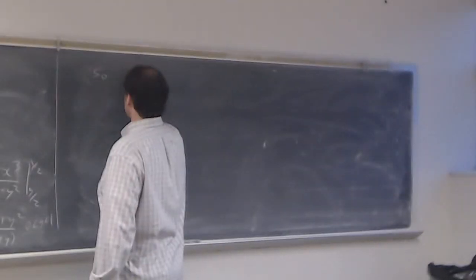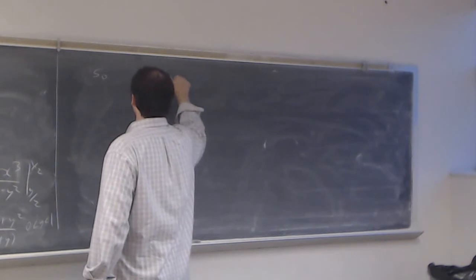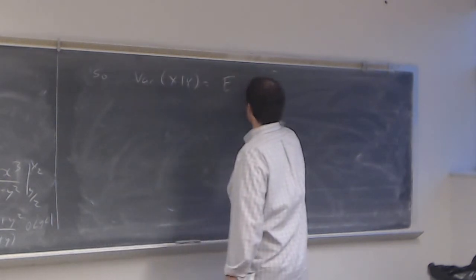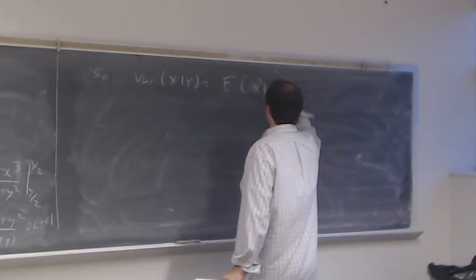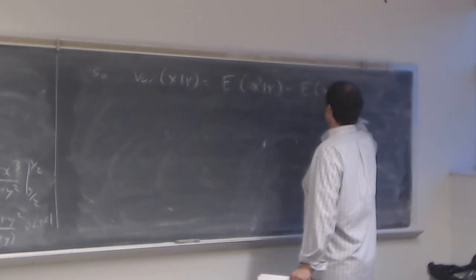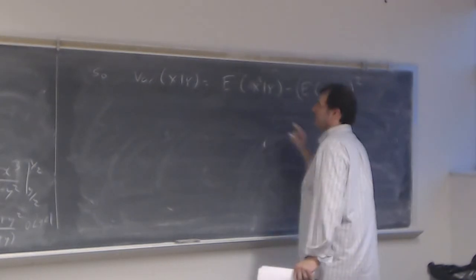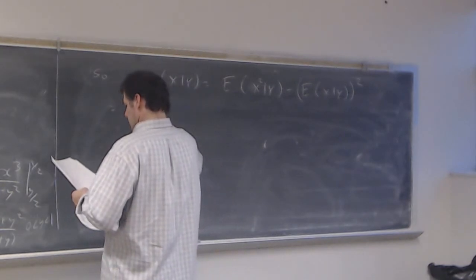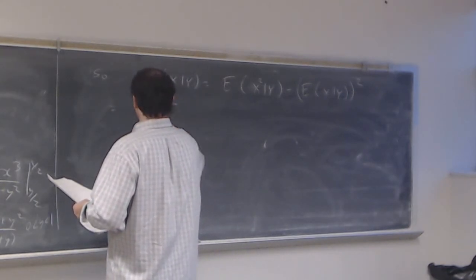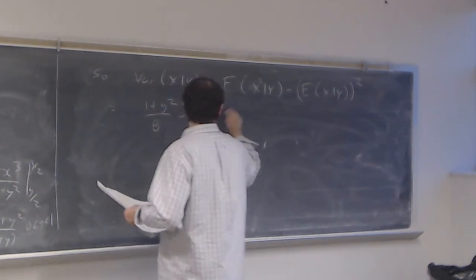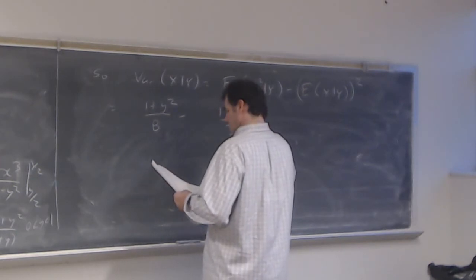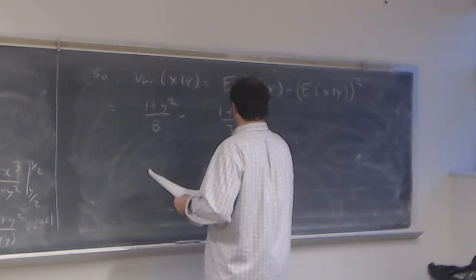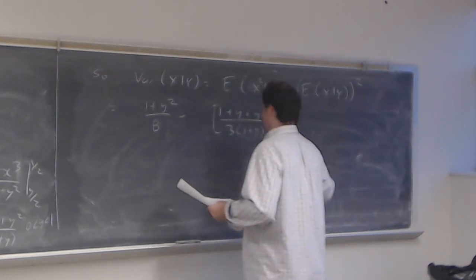All right, so the conditional variance of x given y equals the expected value of x squared given y, minus the expected value of x given y, all squared. This part we found: it was 1 plus y squared over 8 minus, this would be 1 plus y over 4, all that squared. And that's where I'm going to leave my answer.